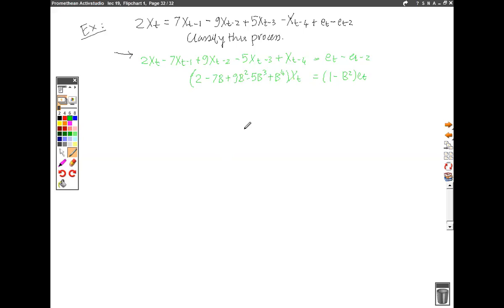So let us try substituting 1 here first. What do I get? 2 minus 7 plus 9 minus 5 plus 1. Will that be 0? If I substitute 1 for my B, will I get the answer as 0? I will, right?